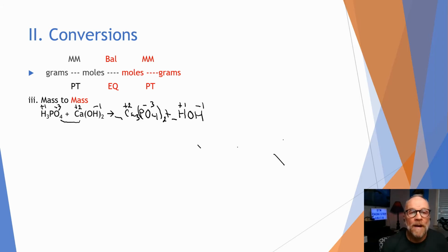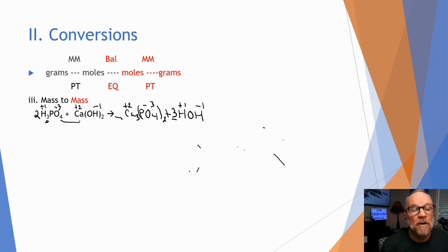So here we go, we'll balance from left to right and do the arrow sign, and then we'll go back and double check. So we have 3 hydrogens there, so we'll need a 3 on the product side, 1 phosphate and 2 phosphates on the product side, so we'll put a 2 next to our phosphate.